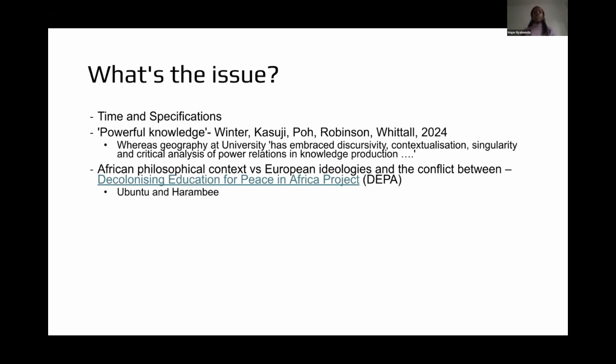So, for example, you've got the Ubuntu and the Harambe philosophies. They're just two examples, mainly centered around Southern African context countries, and they emphasize community, mutual respect, and collective effort.